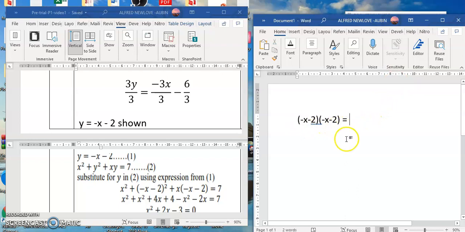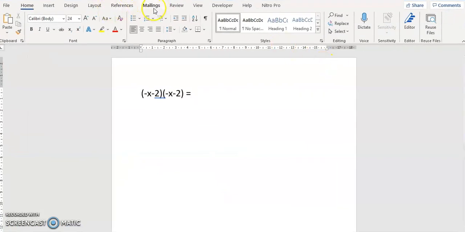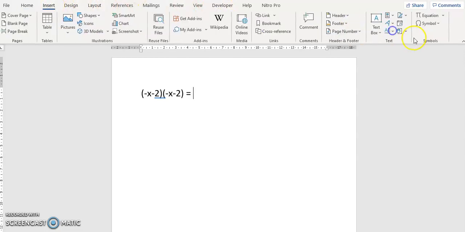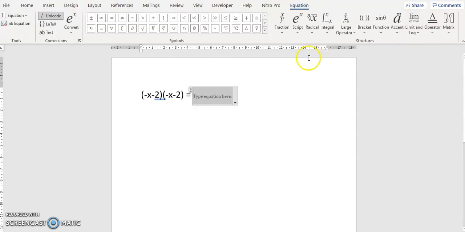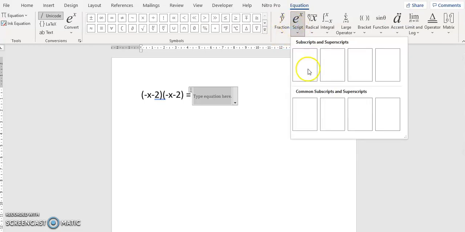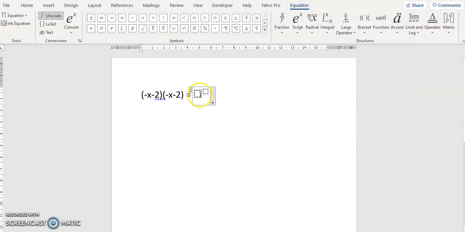Now, minus x minus 2. Minus x times minus x is going to give us x squared. So we have our x squared.